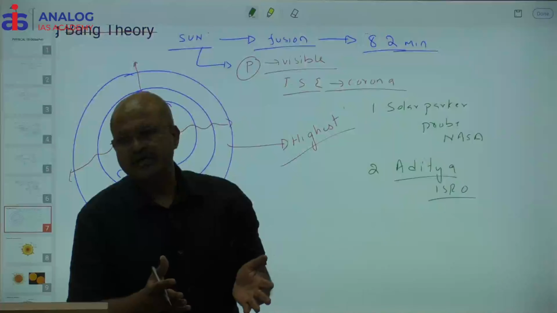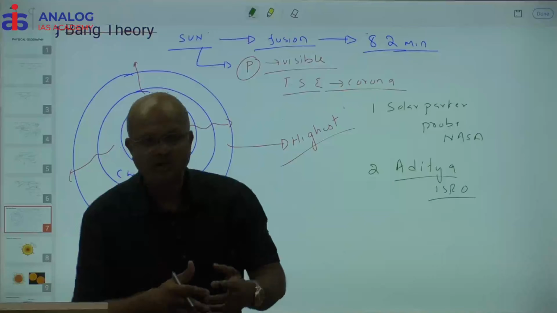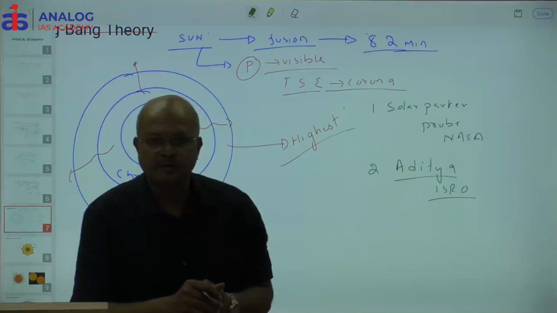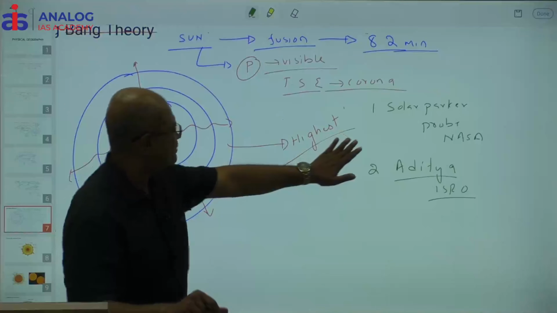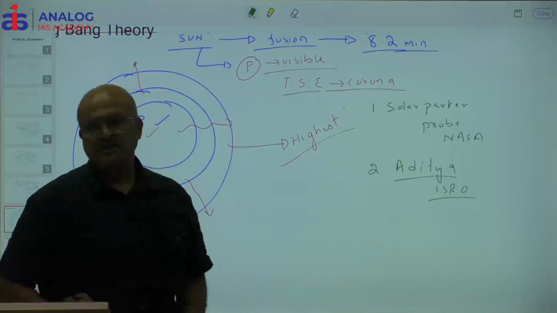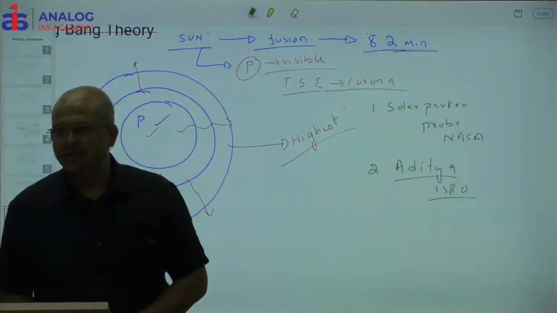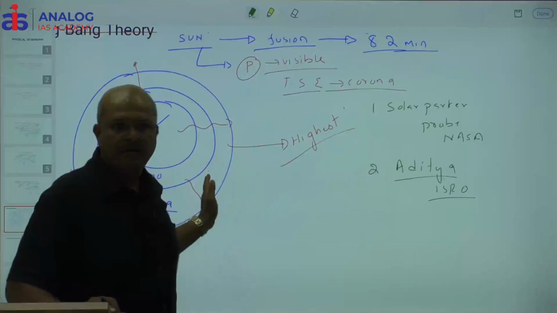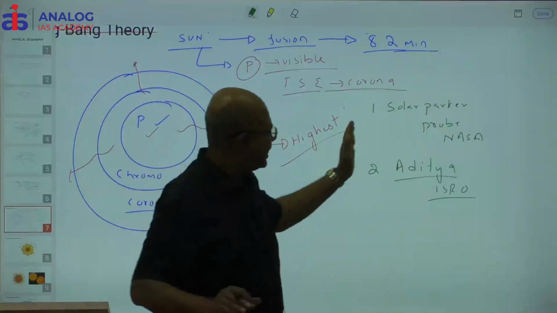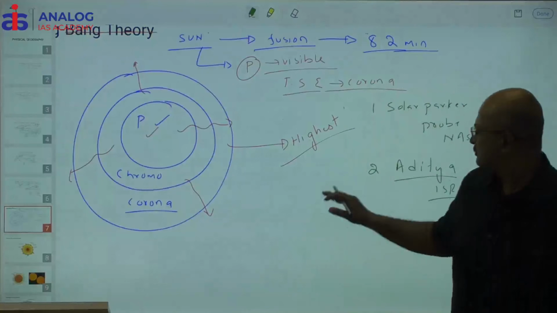But we don't know exactly whether these are nanoparticles or something else, hence the two missions try to explain this perspective. The visible part is the photosphere and chromosphere, and to study the corona, the Parker Solar Probe and Aditya are used.